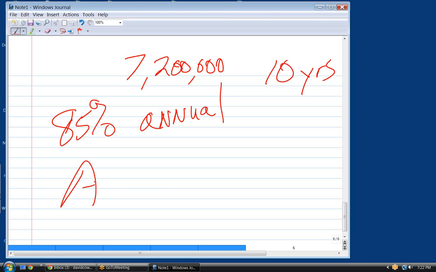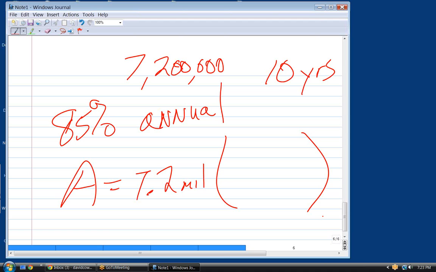So the amount of mosquitoes left is going to be what? So 7.2 million, and then 0.15. The insecticide has an 85% success rate at killing mosquitoes.